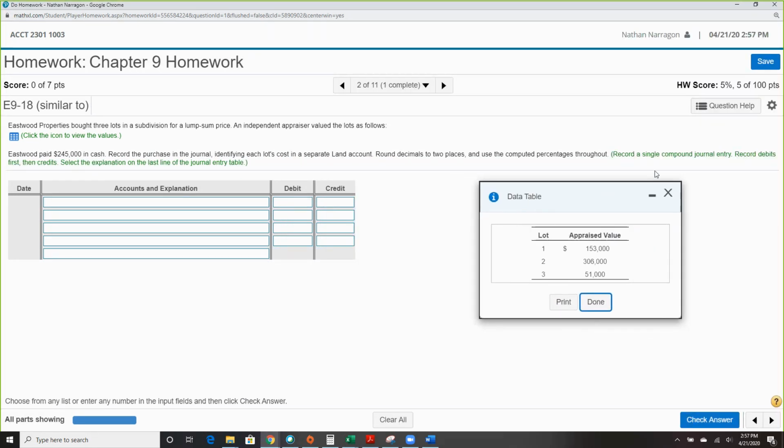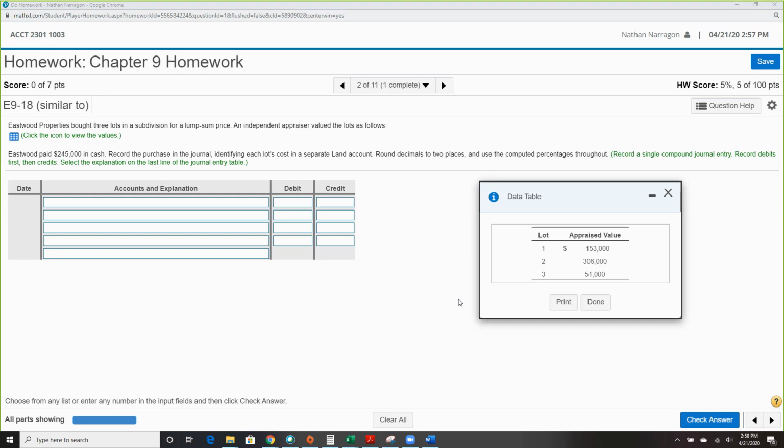We're going to extend this so that we can see everything. Alright. So, of course, we got to record how much they actually paid for. So Eastwood paid $245,000 in cash. Record the purchase in the journal, identifying each lot's cost in a separate land account.